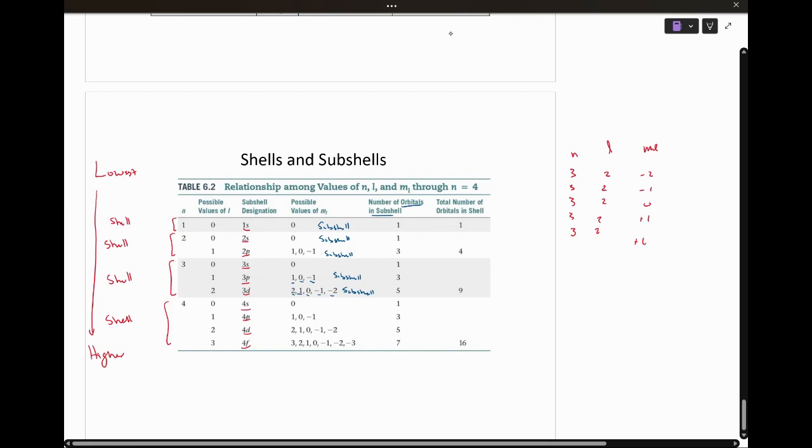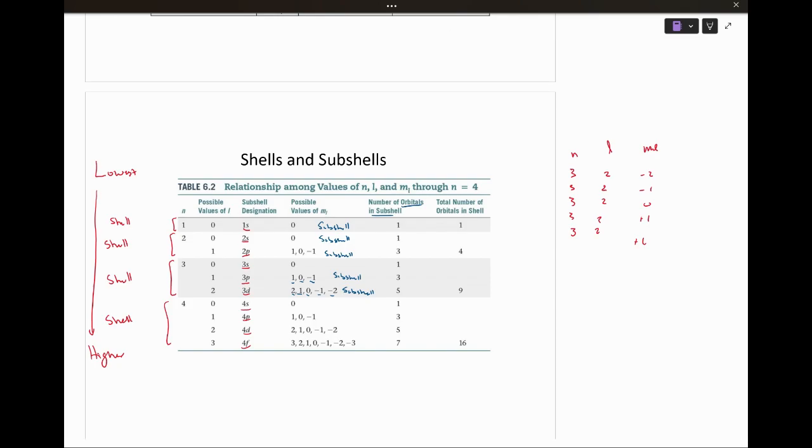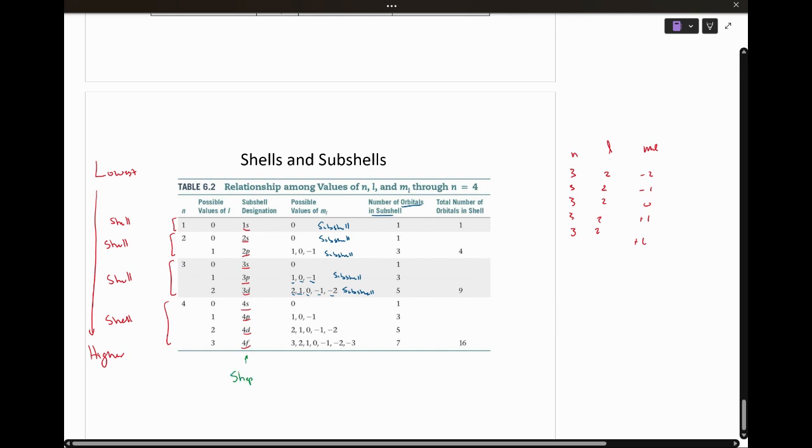Alrighty. And so there's a couple more things I want to take out of this table. Right here, where we have our subshell designation, you see that we have the F, the D, the P, and the S. This is going to tell us about the shape of that orbital. And then here, where we have the possible values of m sub L, this is telling us about the orientation.